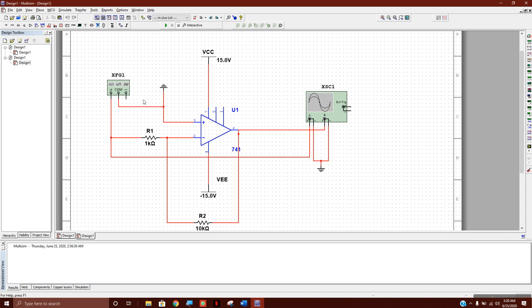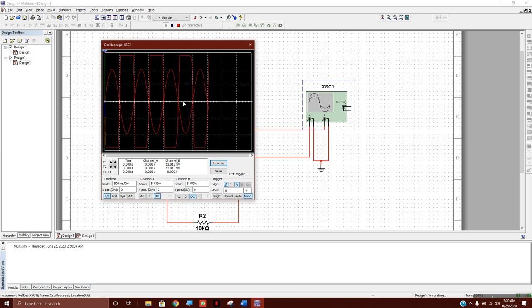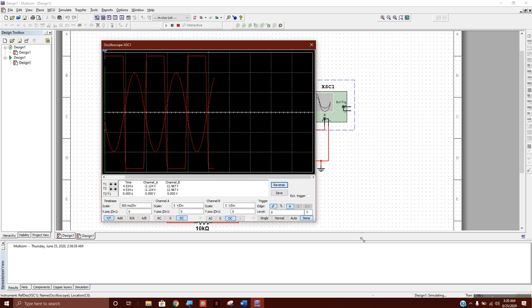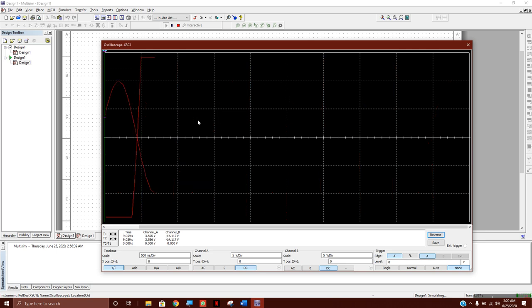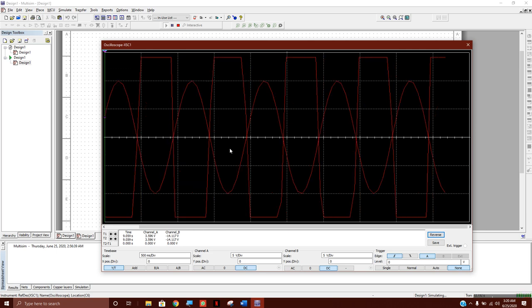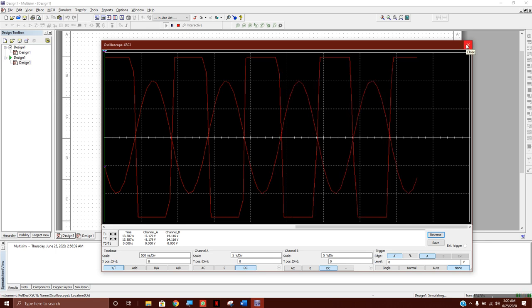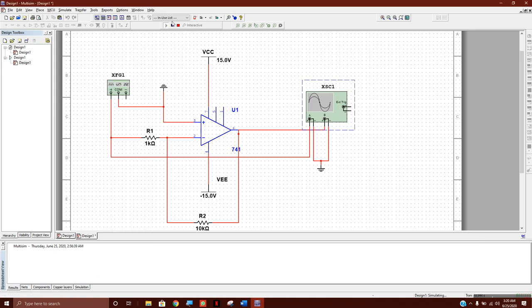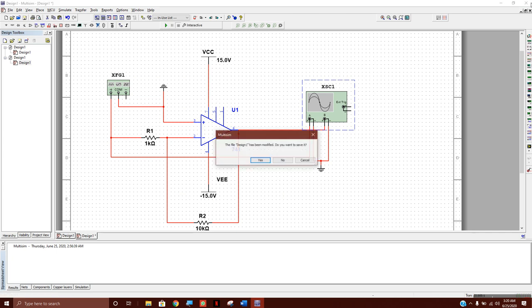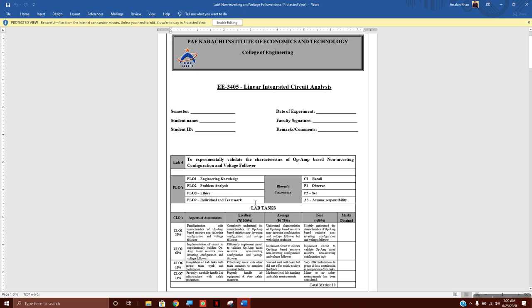Let's just give it a go here and see that we have an inverted output, just like that. When it's going positive, it's going negative; the output is inverted in comparison to our input. So that was your Lab number 3. I don't want to save it.